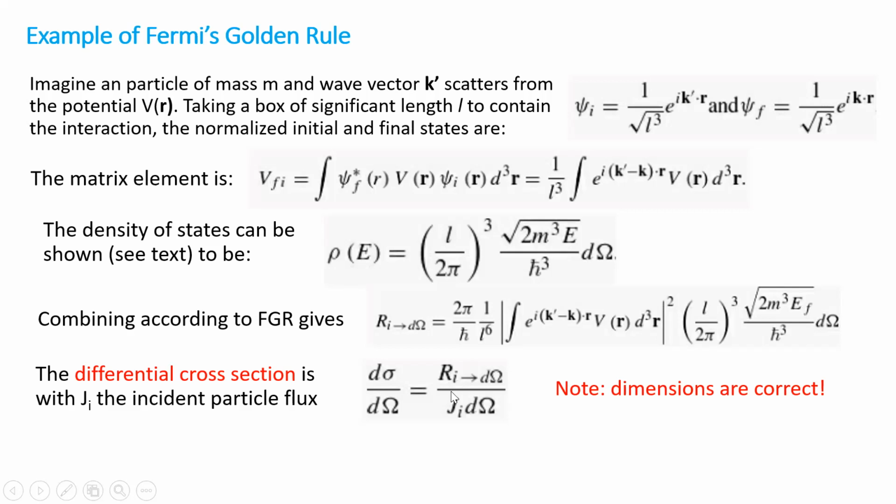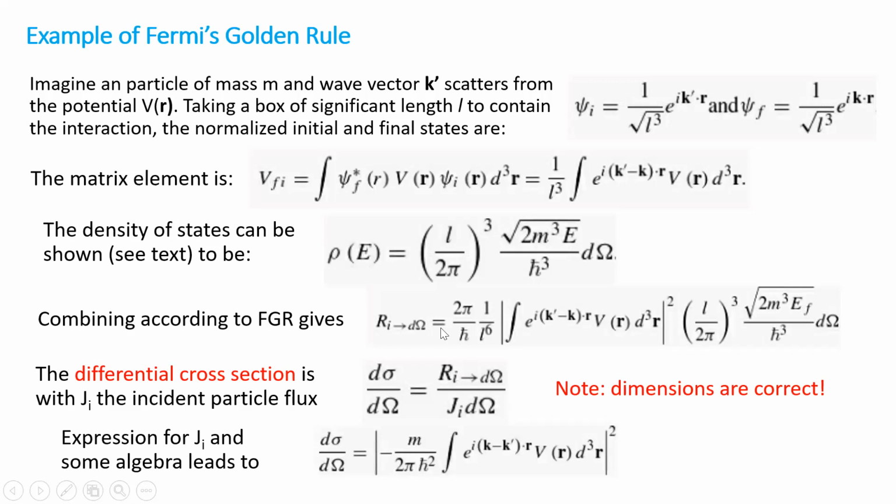So writing this out, dividing this by J_i, there's an expression for J_i in the textbook, and doing some algebra leads to the following expression for the differential cross-section for this scattering of a particle with wave vector k prime off of V of r, where it scatters into the wave vector k in a given direction.